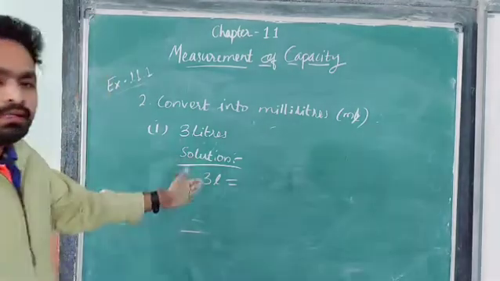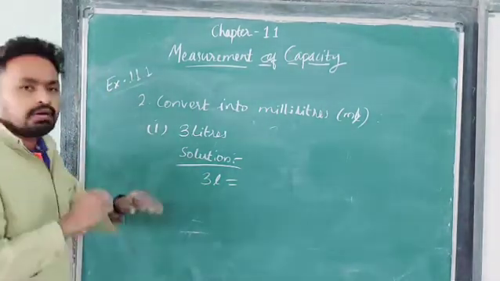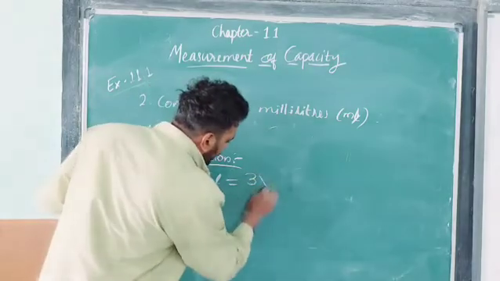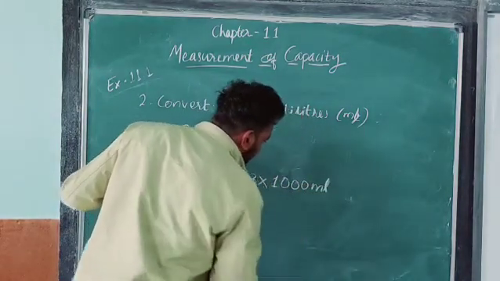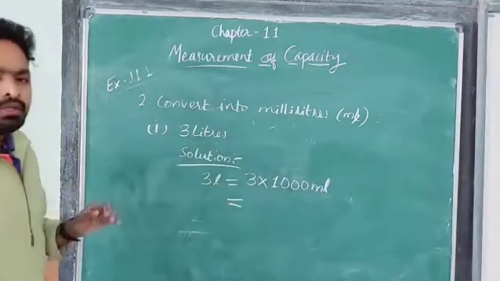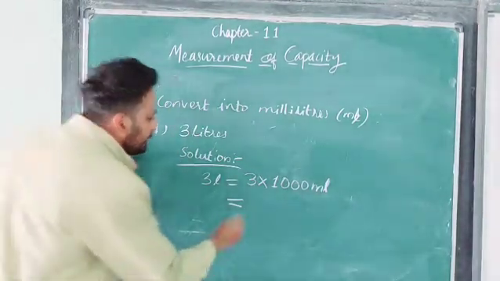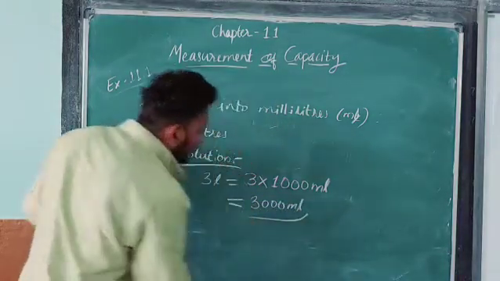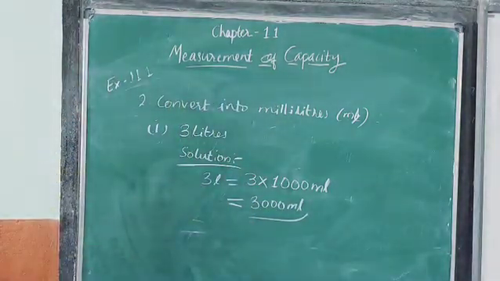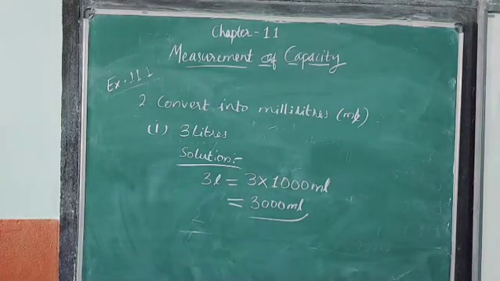So 3 liter is 3 into 1000 milliliter. What is 3 into 1000? That is 3000 milliliter. So 3 liter is equal to 3000 milliliter.